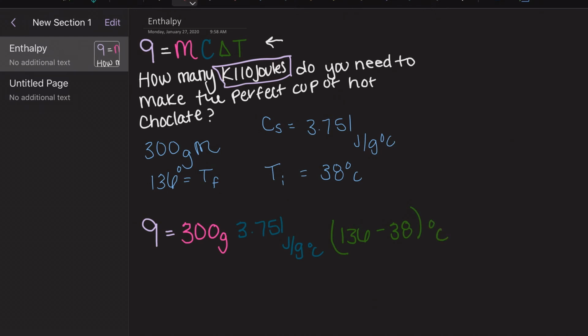Now if you look at this equation, you can see that grams cancels and degrees Celsius cancels, giving you joules, which is what we're looking for, since we can convert joules to kilojoules.